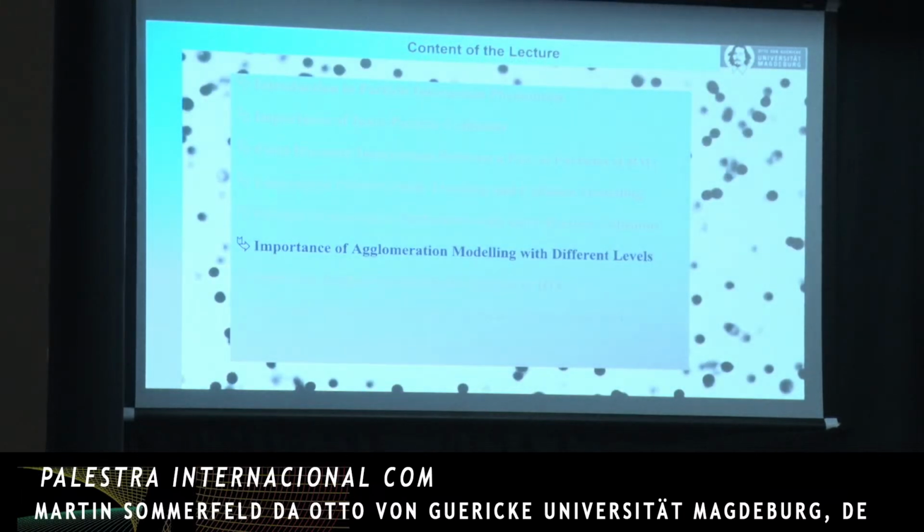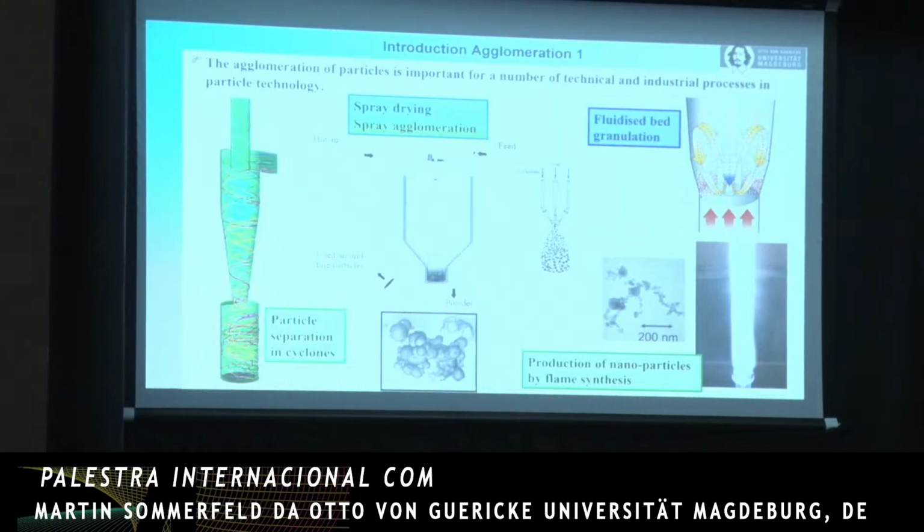Okay, now the interesting part, importance of modeling of agglomeration. Agglomeration is very often used on purpose to build bigger particles. Sometimes not. If you do a measurement, for example, of the particle size, agglomeration is disturbing.